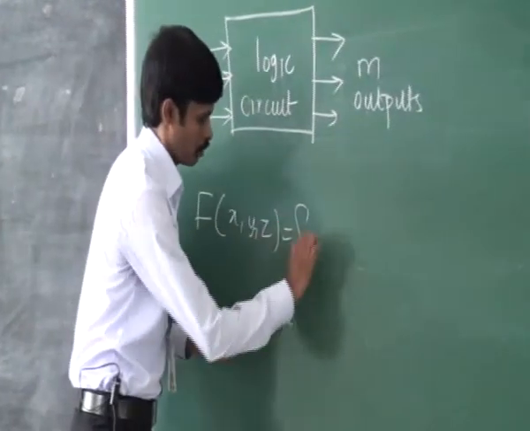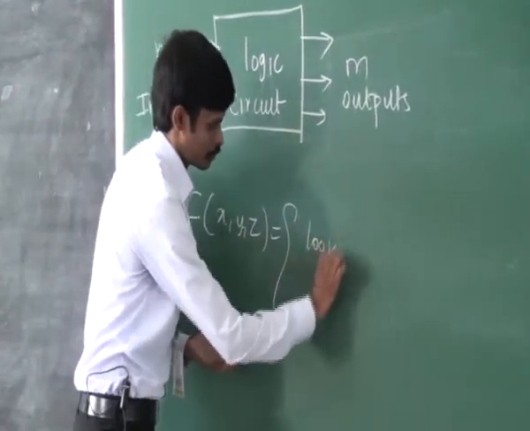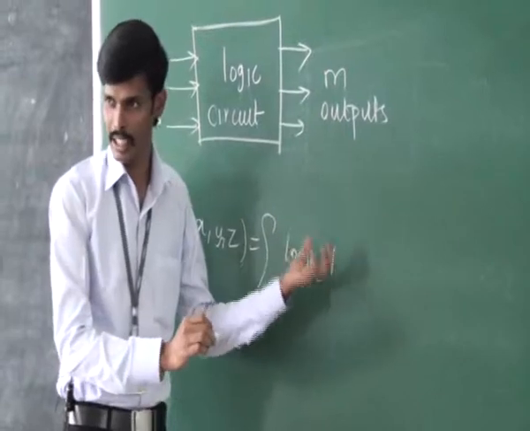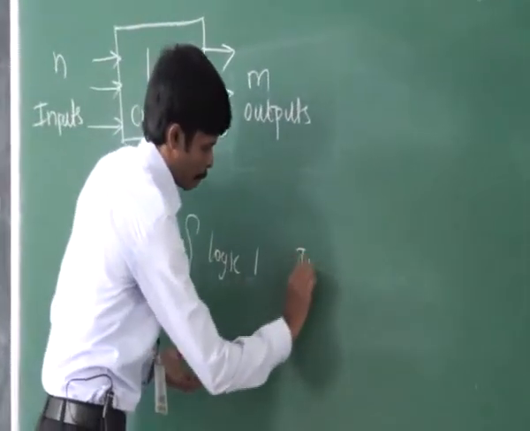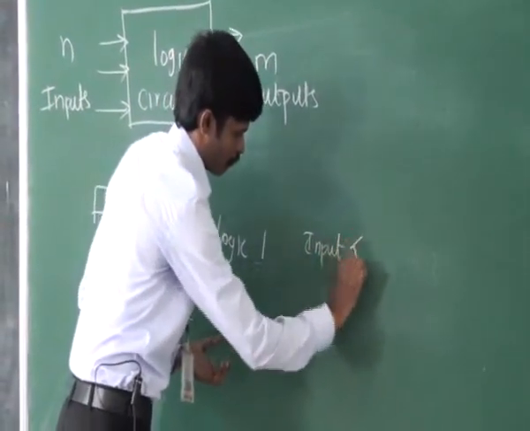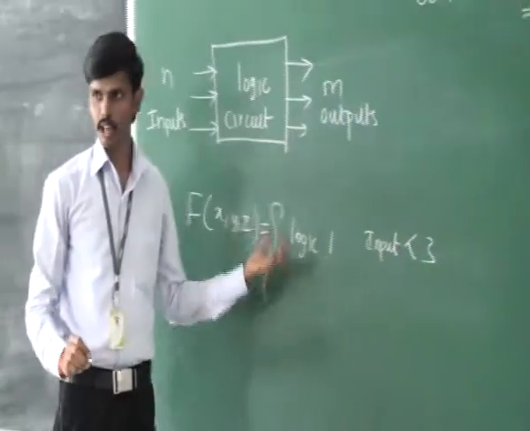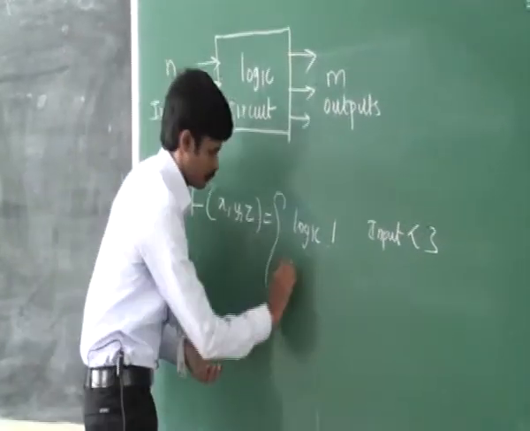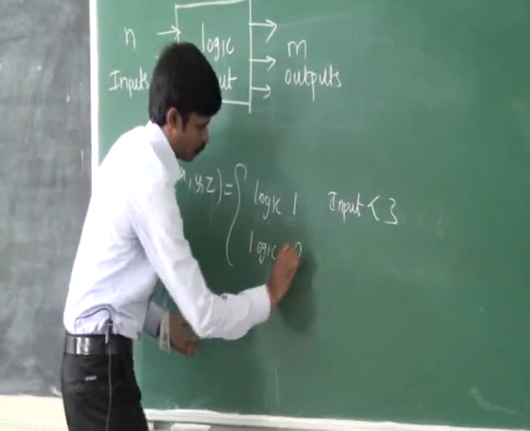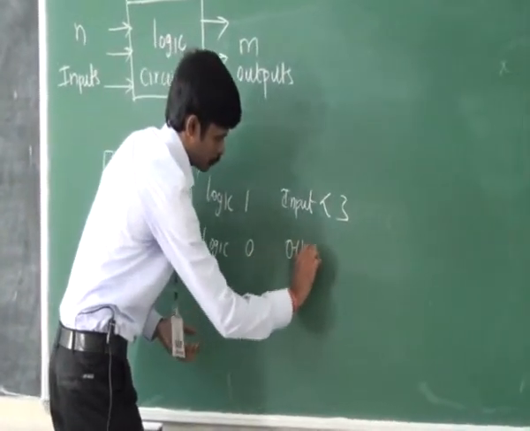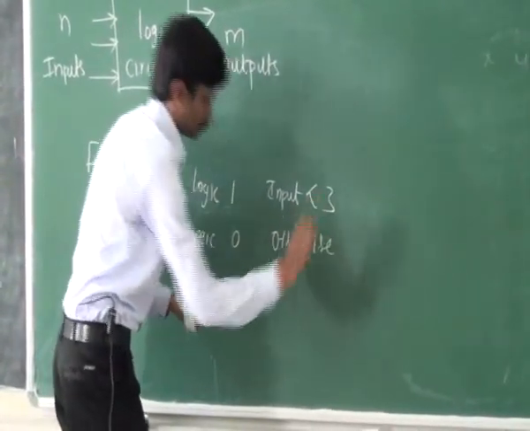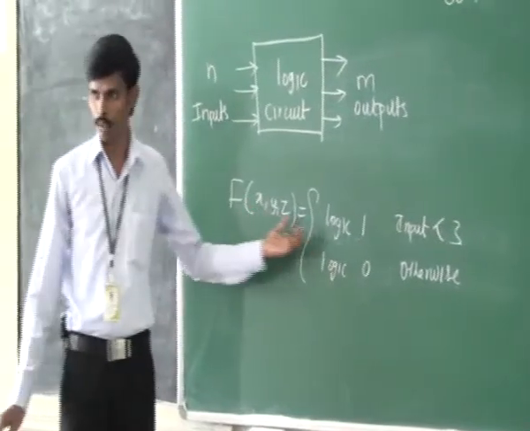The output f is equal to logic 1 when the input is less than 3, otherwise the output will be 0. This is the problem statement.